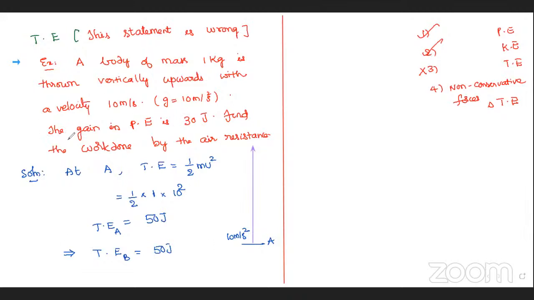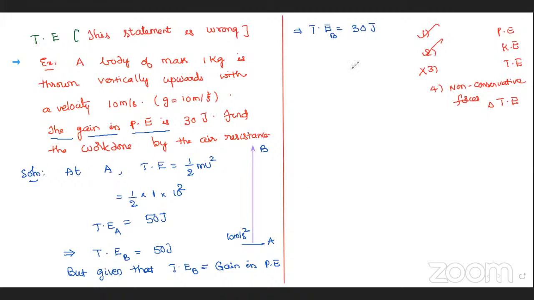But look at that, he gave the gain in potential energy. Gain in potential energy is nothing but the total energy at B. I think all of you know it. But given that, total energy at B, which is equal to the gain in potential energy, is 30 joules.